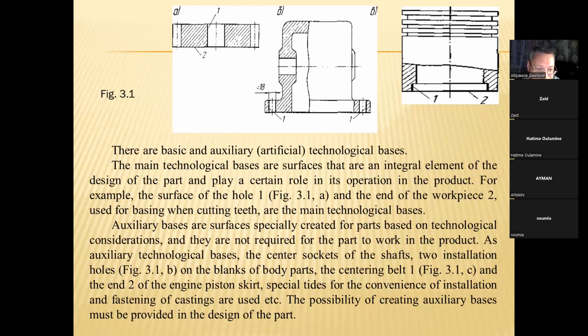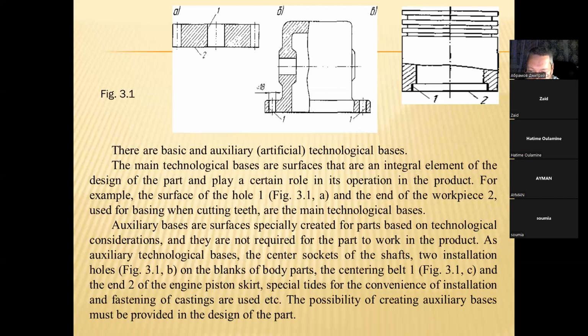As an auxiliary technological basis, the center sockets of the shaft, installation holes on the blanks of body parts, the centered belt 1, figure 3.1c, and the end 2 of the engine piston skid, special ties for the convenience of installation and fastening of castings, and so on are used.